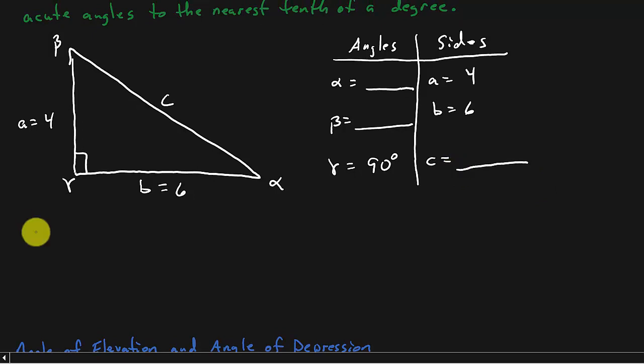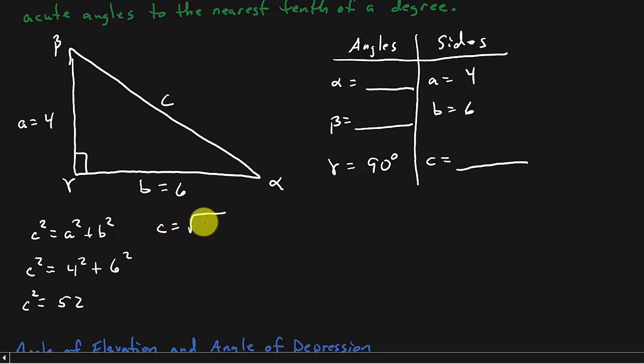So I know C squared is equal to A squared plus B squared. So C squared is 4 squared plus 6 squared. That's 16 plus 36, that gives us 52.